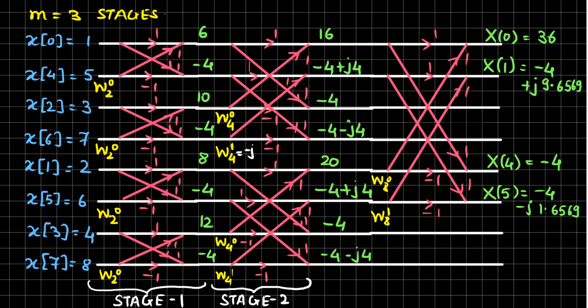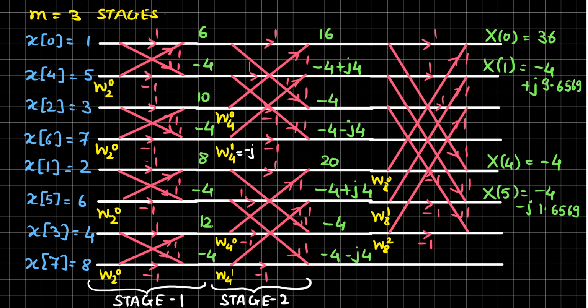Similarly, we need to combine this minus 4 with the minus 4 here. So like this. And the scaling factors would be again 1, 1, 1 and minus 1. And now the twiddle factor would be w8 to the power 2.